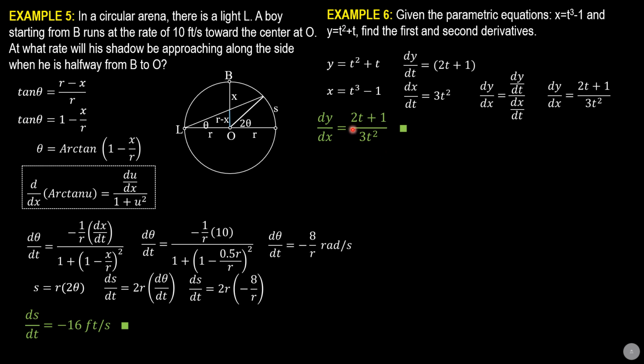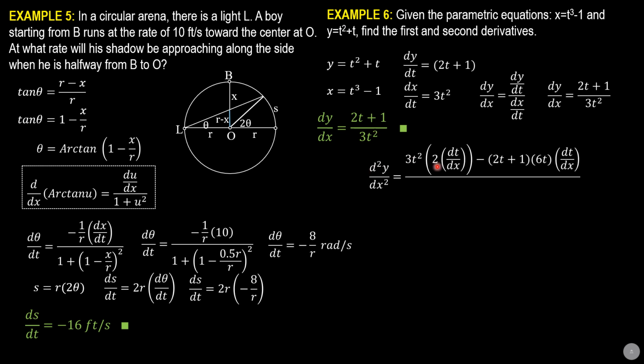For the second derivative, we have to apply the derivative of a fraction. Remember, it's x that is the variable here, but we have parametric equations. So the second derivative of y with respect to x: we have denominator times derivative of numerator with respect to x, so 3t squared times 2 dt/dx, minus numerator 2t plus 1 times derivative of denominator 6t times derivative of t with respect to x, all over denominator squared, so all over 3t squared quantity squared.